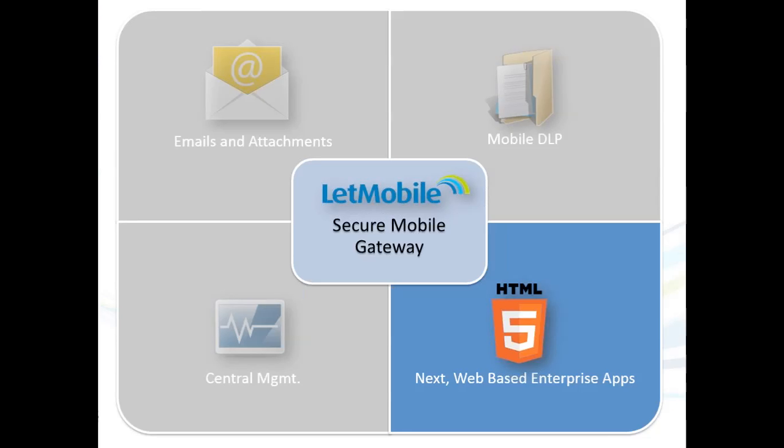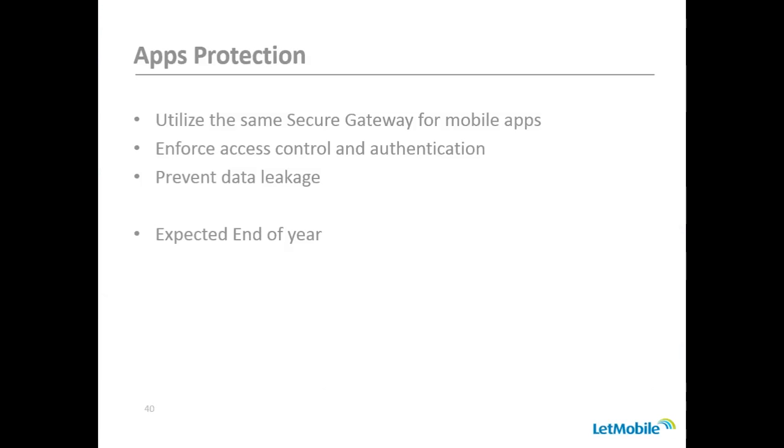One word about the application, and specifically web applications. We are now using the same technology that you just saw for emails and attachments and preventing the data leakage there, to web applications, mainly HTTP applications that communicate with HTTPS, most HTML5 and hybrid and even native applications. The way we're going to do it is the same. The gateway is going to stand between the application and your corporate data center.